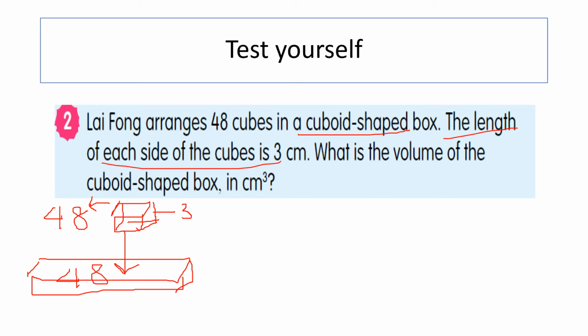So we know that for the cube, if here is 3, this is also 3, this is also 3. Why?